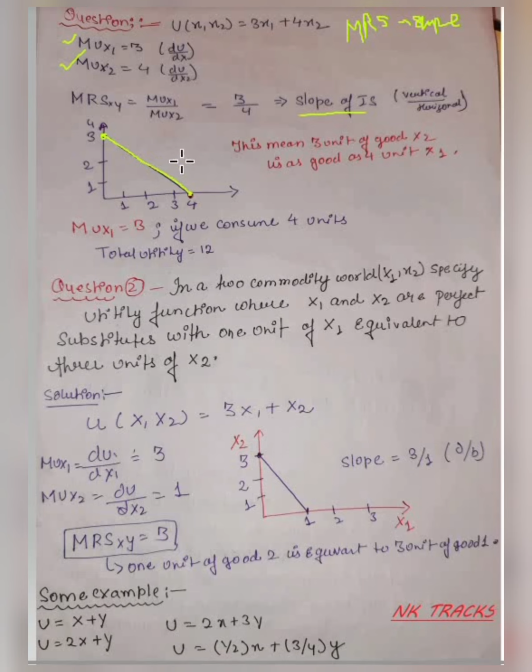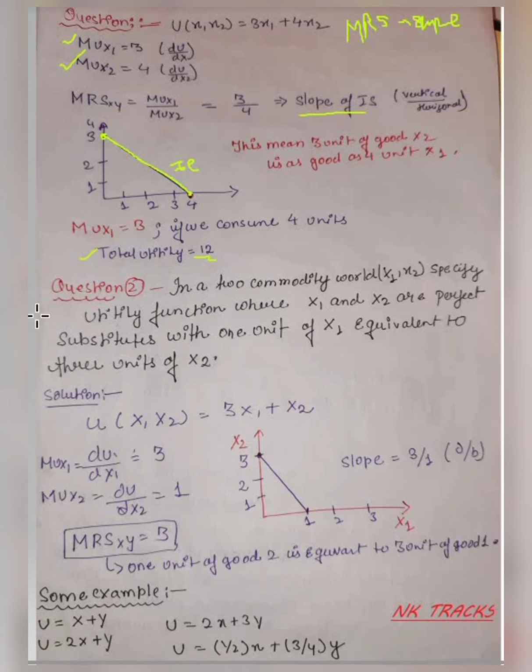So this is our IC. This means that 3 units of good x2 is as good as 4 units of x1. If we consume 3 units of x1, then we will consume 4 units of x2. And what is the value of total utility? That is 12.